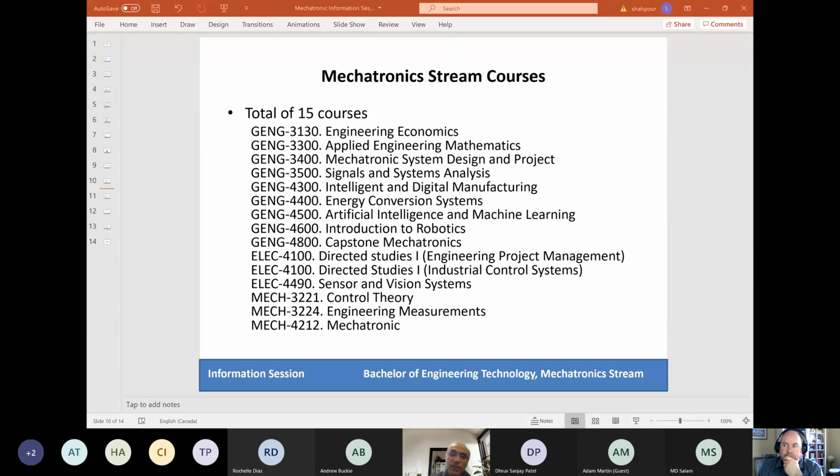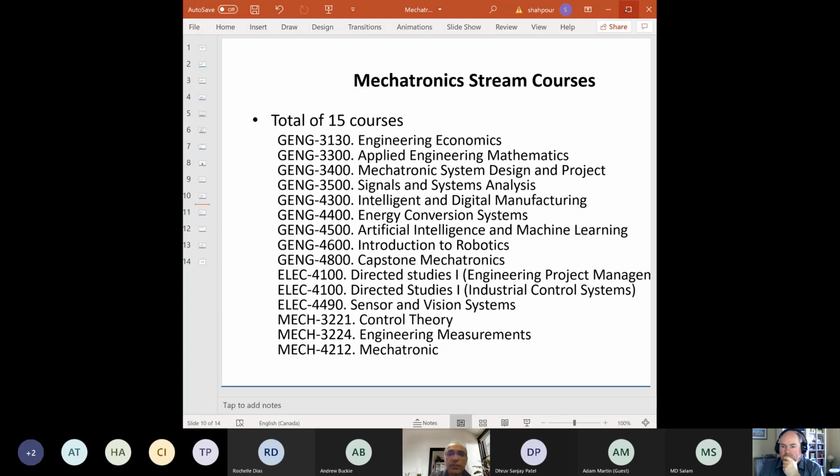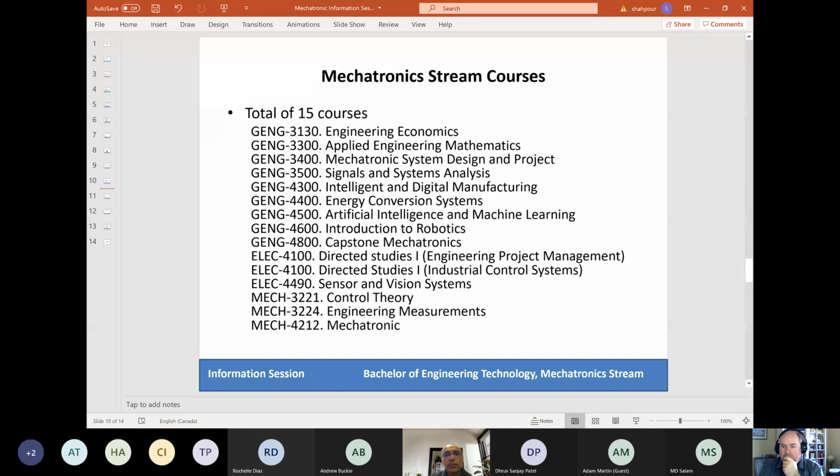But in our first semester of starting the program, as you see here, I have the applied engineering mathematics course, the second course that you see on the slide here. In that course we have a refreshment of math, and we start focusing on the basics of integrals, derivatives, and focusing more on the differential equations.